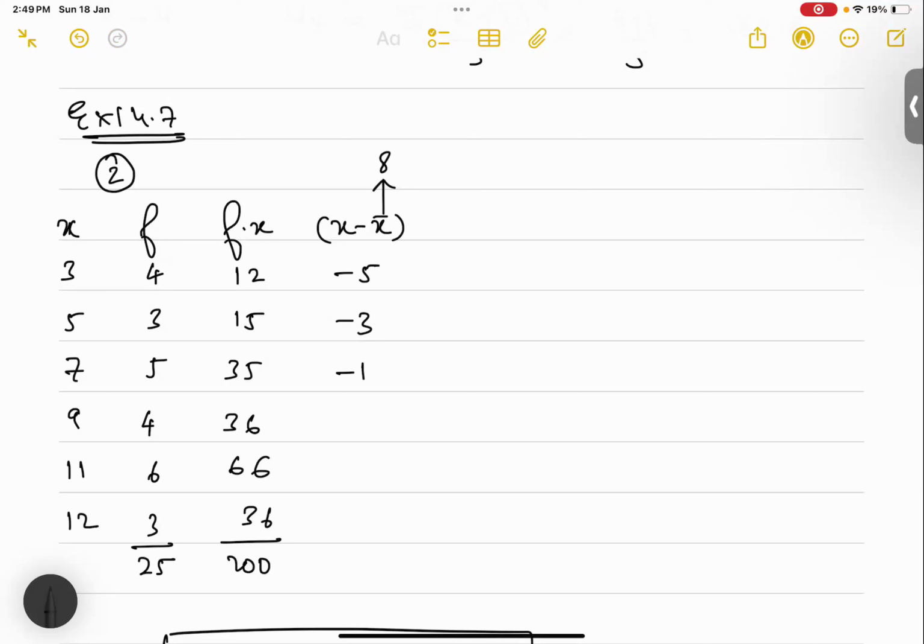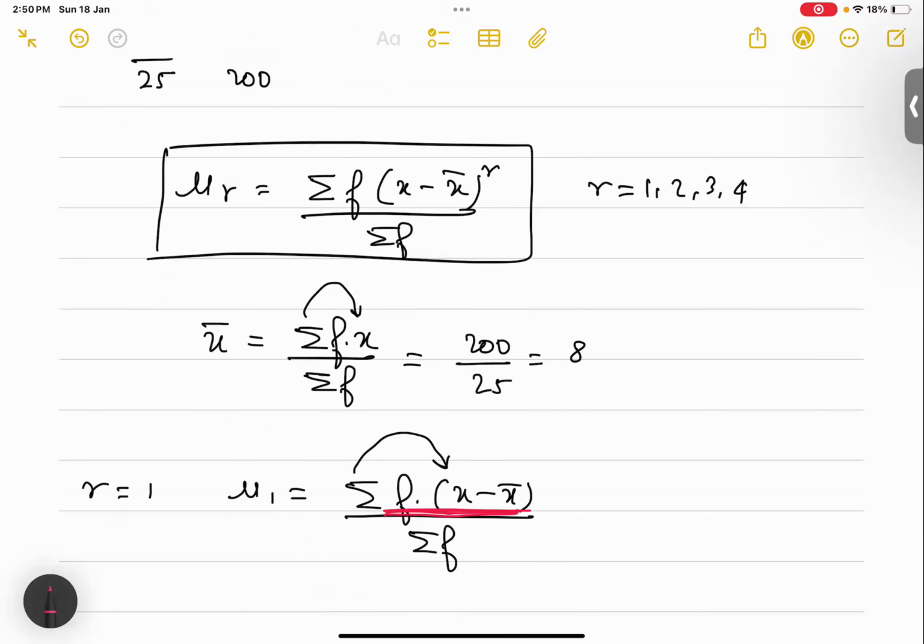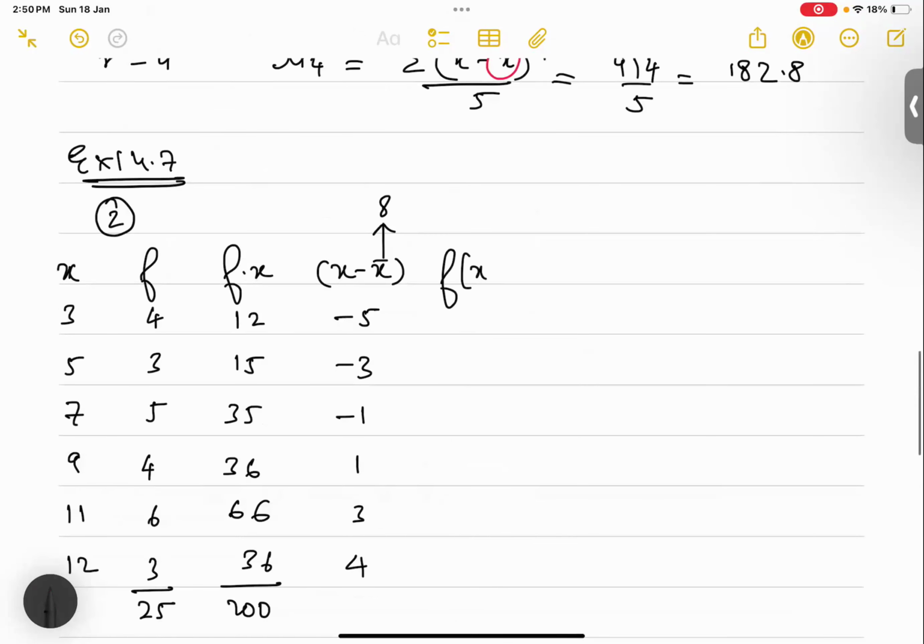But summation is beside f into (x minus x bar), so we require the total of this particular column. So we are going to make that column f into (x minus x bar), the multiplication of f and x minus x bar.